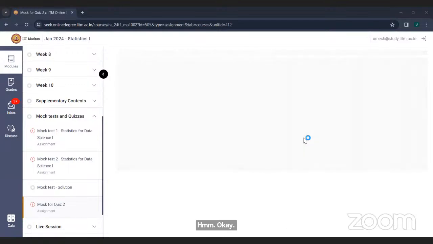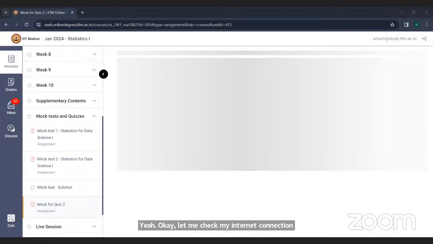Okay, let me check my internet connection. Why this is not open?